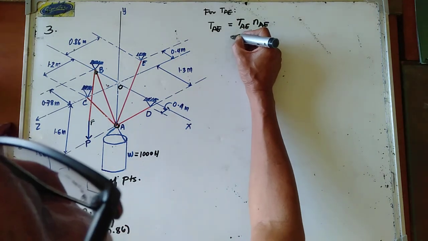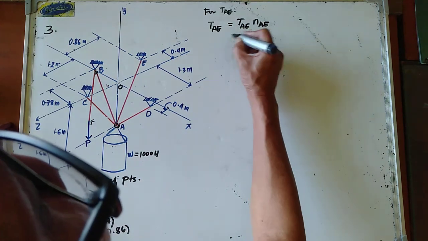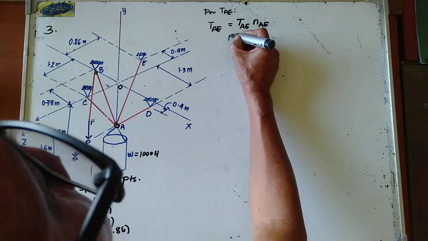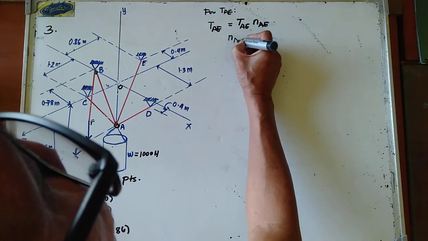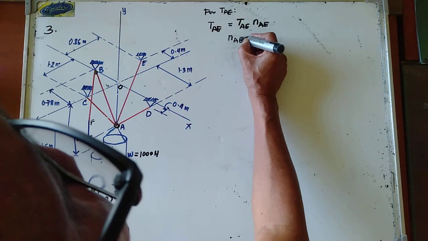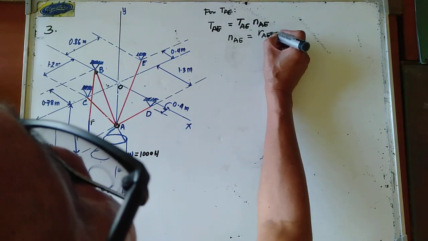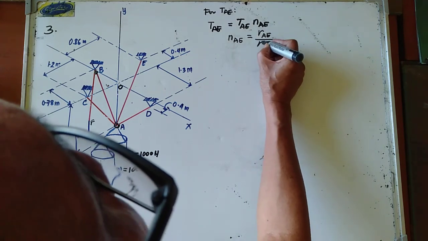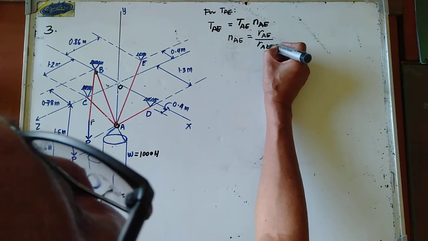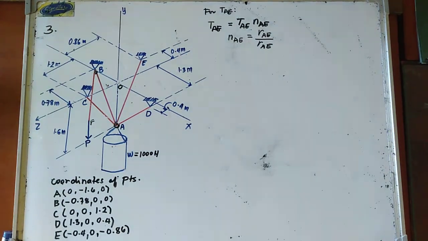So again, your unit vector AE is now again a position vector AE all over the magnitude of this position vector.